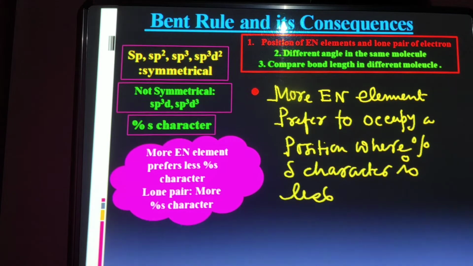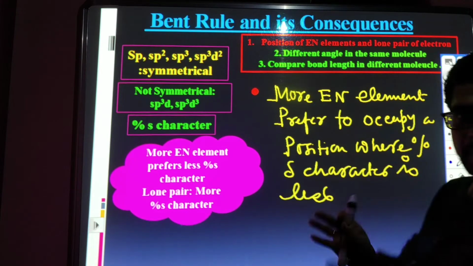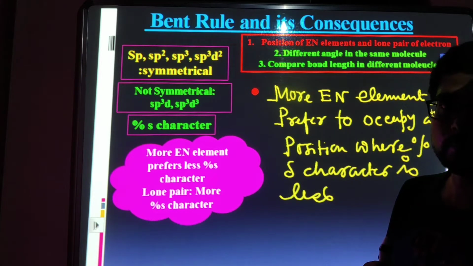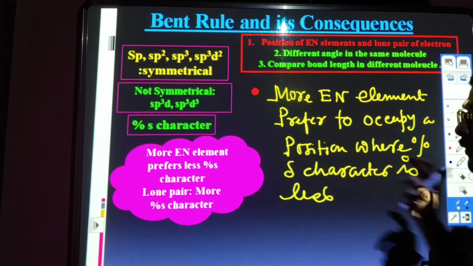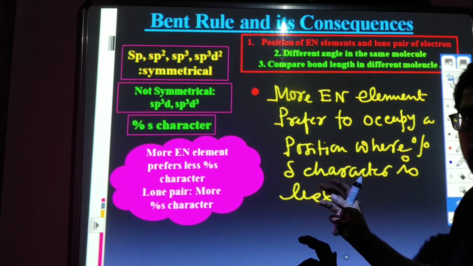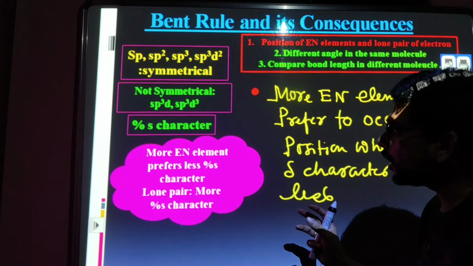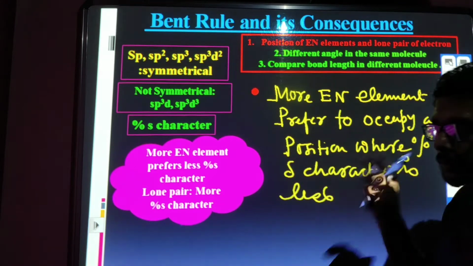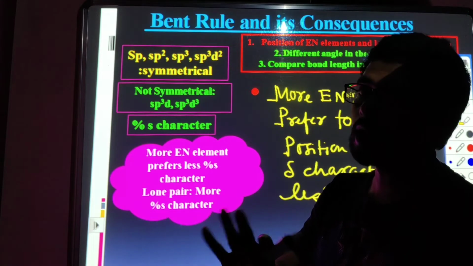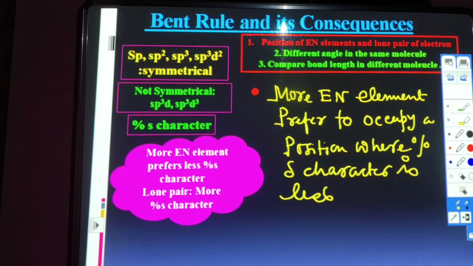It means the more electronegative element, compared to other elements, will preferably be positioned in an orbital where percentage of s character is less compared to the other orbitals.